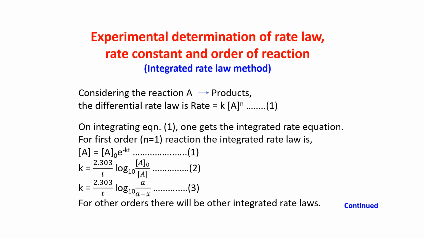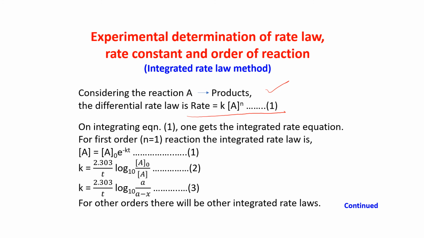Experimental determination of rate law, rate constant and order of reaction, integrated rate law method. Consider a reaction A giving you product. Now the differential rate law is rate = k[A]^n, where k is constant.